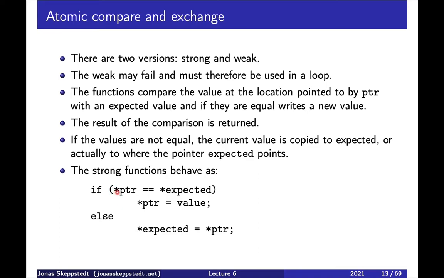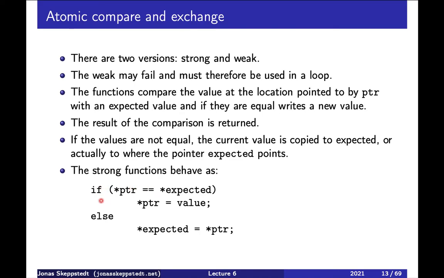So we use a star in front of the pointer to get the value of what the pointer points at. So a star in front of each of these, and then we use a star again in front of a pointer when we want to modify what it points at. So star pointer equals value means saving value where that points to. We don't modify pointer, we modify the memory location that pointer points at.